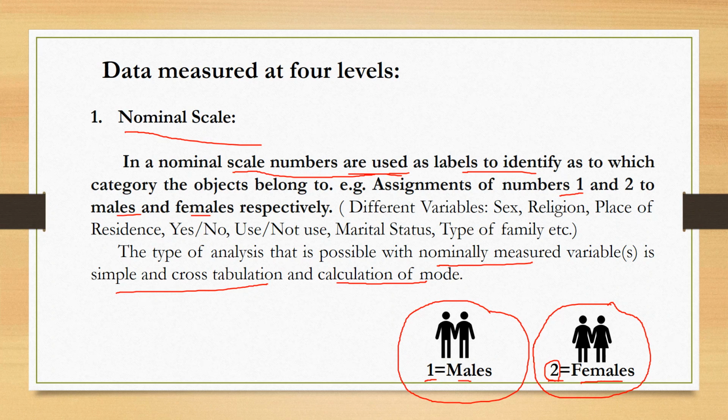Here there are two categories: the first category is male and the second category is female. In the nominal scale, the number 1 is used for the category of male, and the number 2 is used for the category of female. So here data is measured on a nominal scale, with numbers given specifically for those groups.